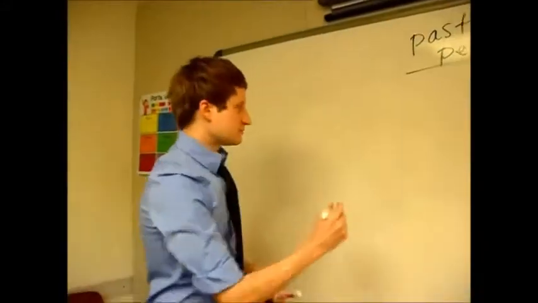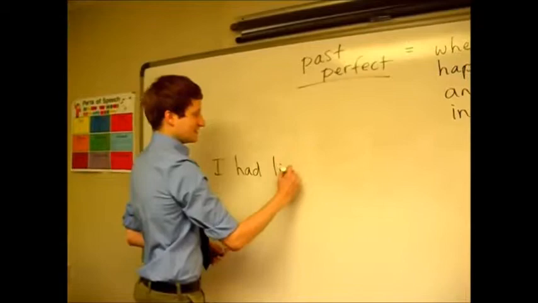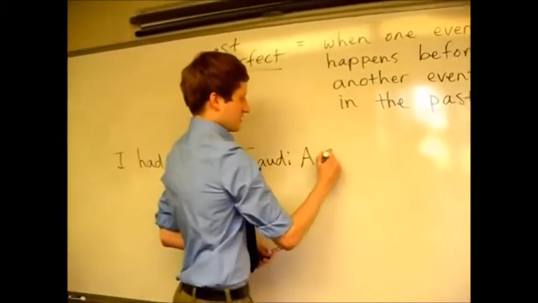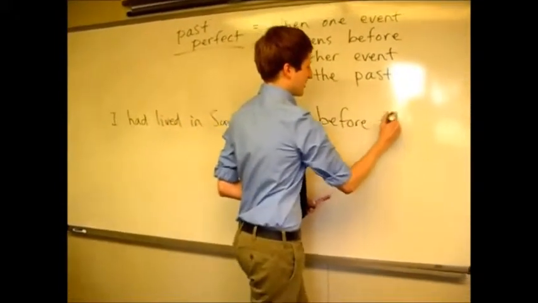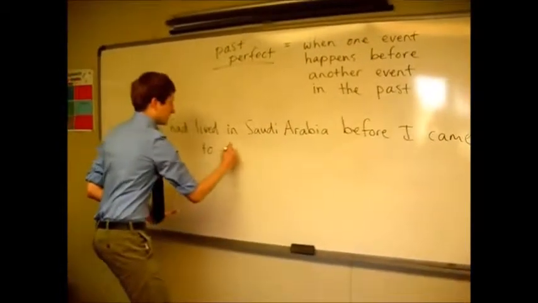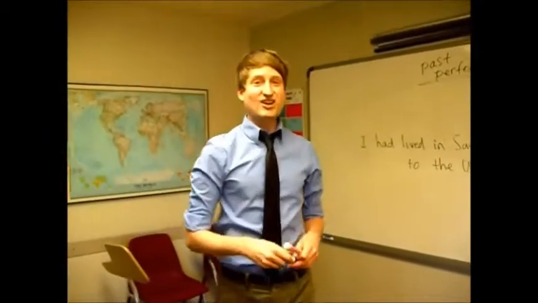I'll give you an example. You could say, I had lived in Saudi Arabia before I came to the USA. So in this sentence, there are actually two events, two actions.